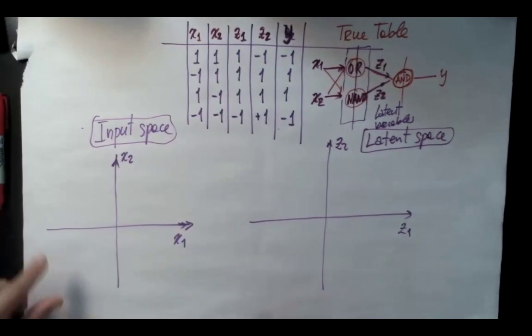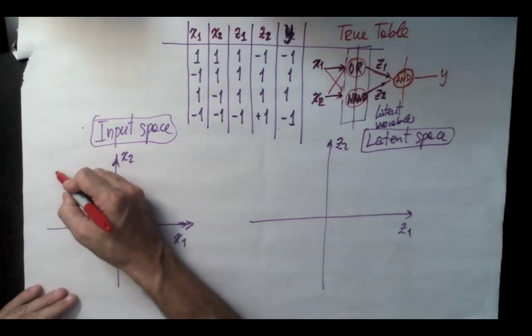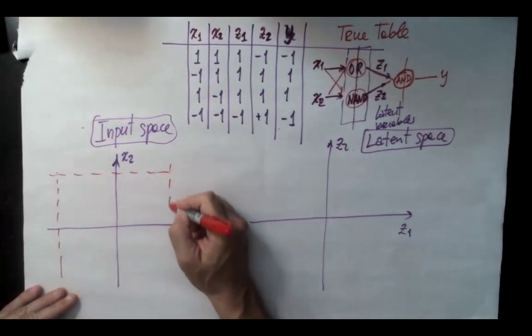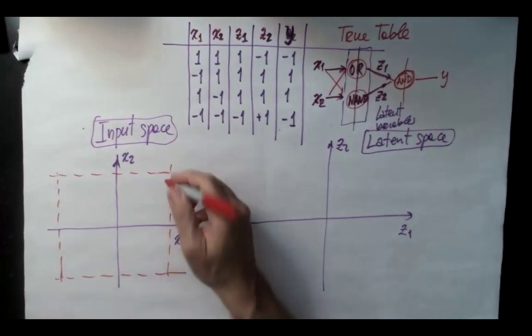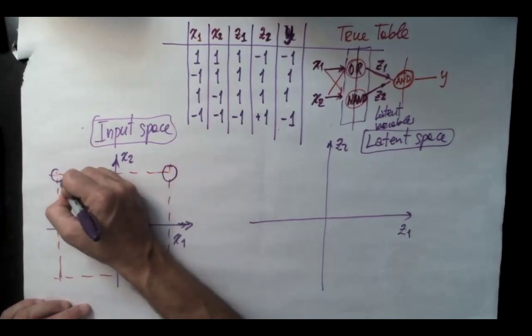Okay, so now let's plot the input space. We know that the input data are given by four pairs, right?